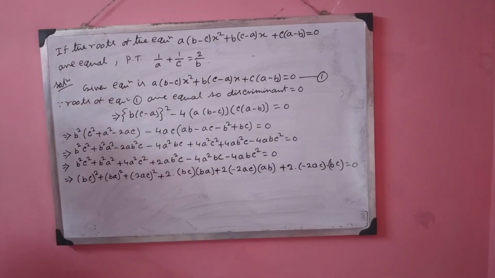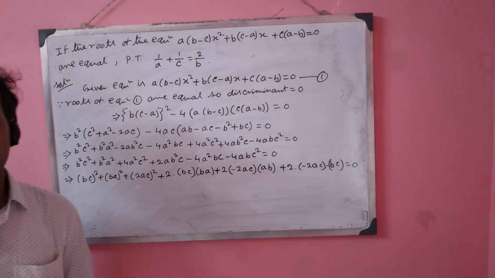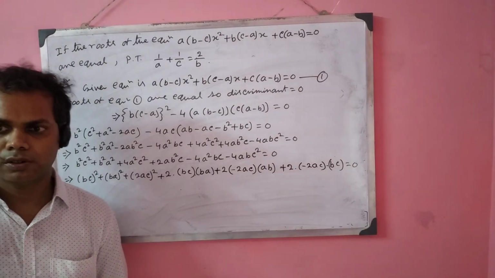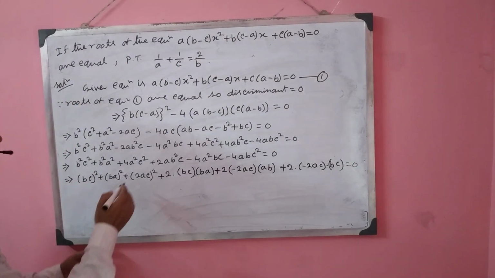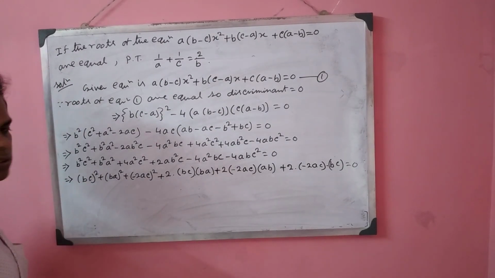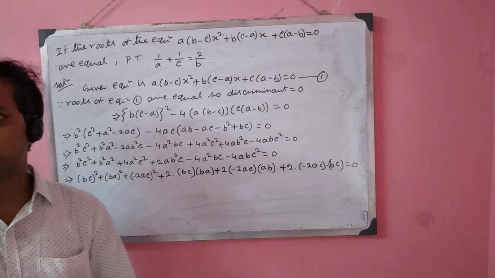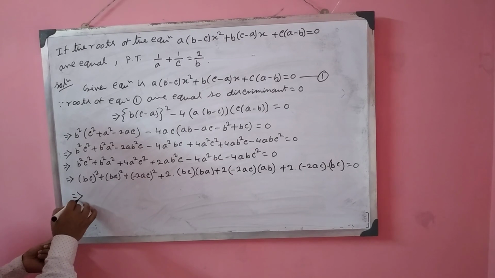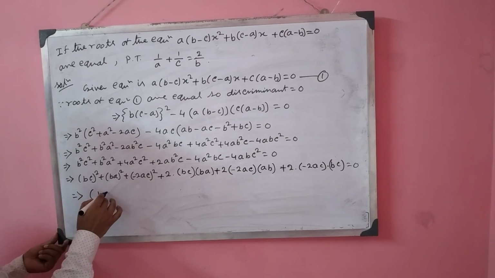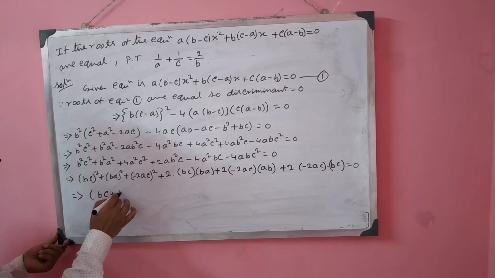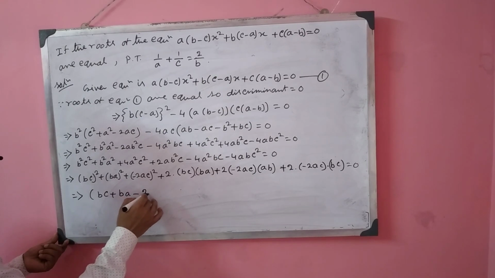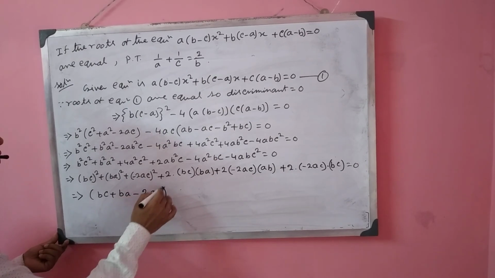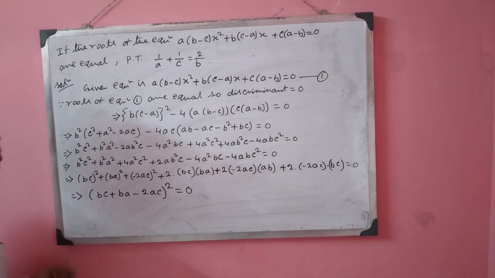Minus 1 squared equals 1 and plus 1 squared equals 1, so (−2ac)² and (2ac)² are the same. So this one becomes (bc + ba − 2ac)² = 0.